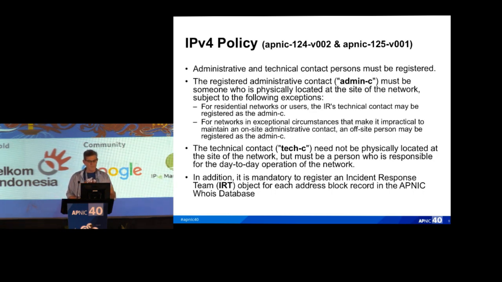And the bottom point here, in addition, it's mandatory to register an IRT object, which is more of a new one. So it was must register admin C and tech C, and it describes what those mean there, and an IRT object is mandatory.